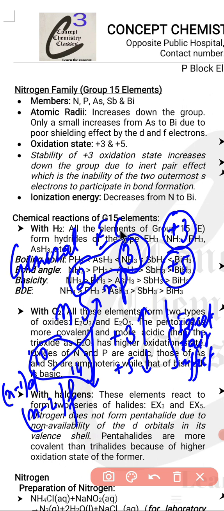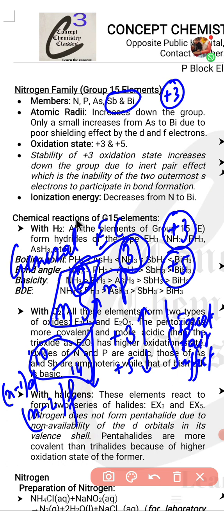So the 2 electrons in the outermost ns orbital do not have a tendency to go out for bond formation. So in the heavier elements, antimony and bismuth, mostly show +3 oxidation state, but they can show +5 oxidation state, though their stability is less.